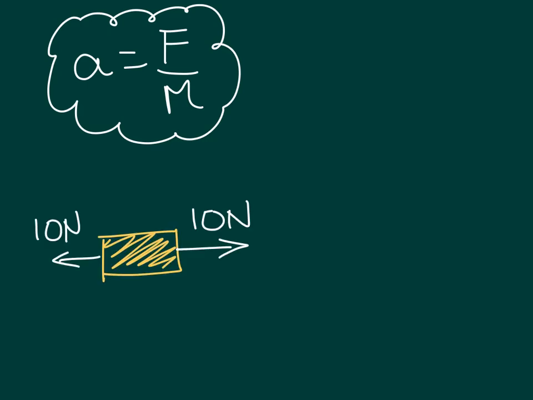So in this example here, we can see that we've got 10 newtons to the right, 10 newtons to the left. So overall, the net force acting on that object is 0 newtons. So straight away, I can tell that this object is not going to accelerate, because there is no net force acting on the object.